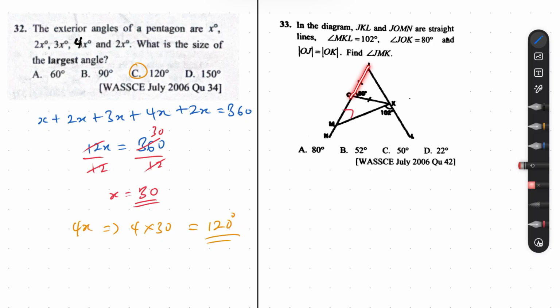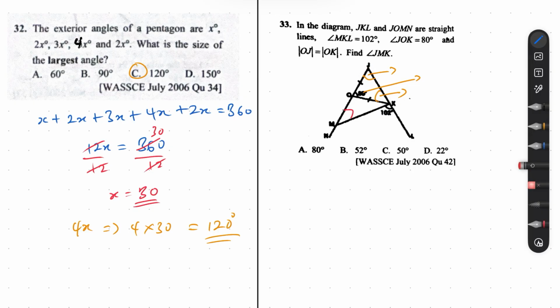And we know that in a triangle, the sum of angles adds up to 180.